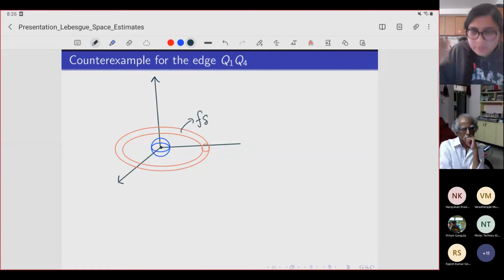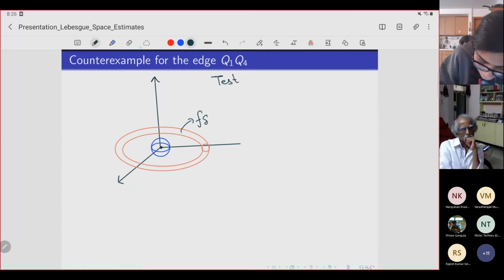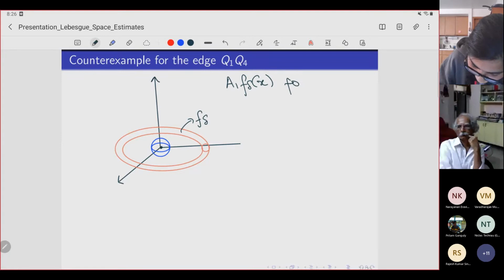And your test points, the points you would test your average on: f delta is the characteristic function of the annulus, and then you look at A1. So just consider the average of radius 1, A1 f delta of x, for x lying in this ball now, B delta.